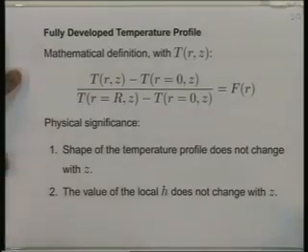What is the physical significance of the fully developed temperature profile? We know that in the constant heat flux case, the temperature profile maintains its shape but keeps on shifting to higher and higher values.